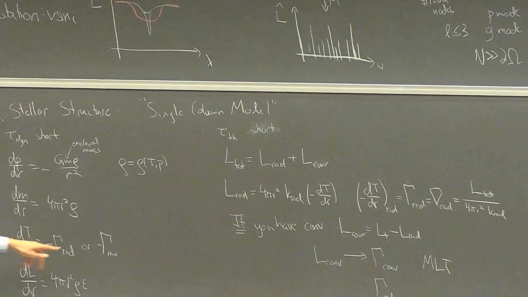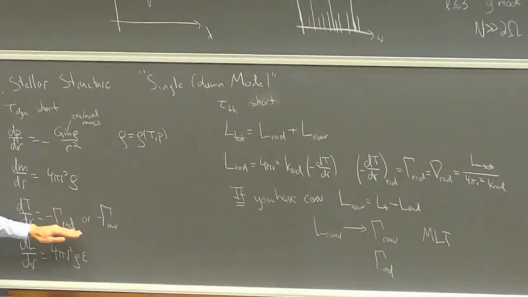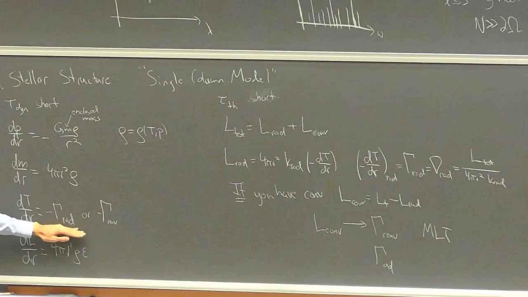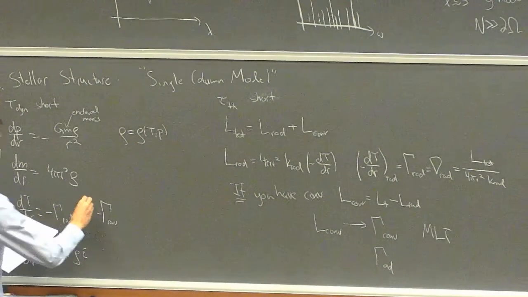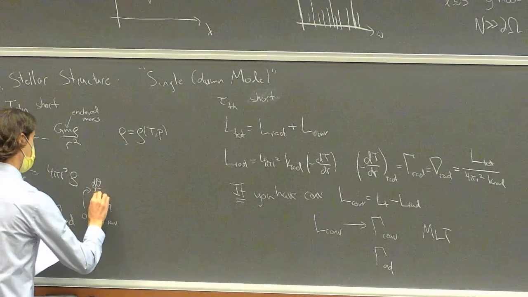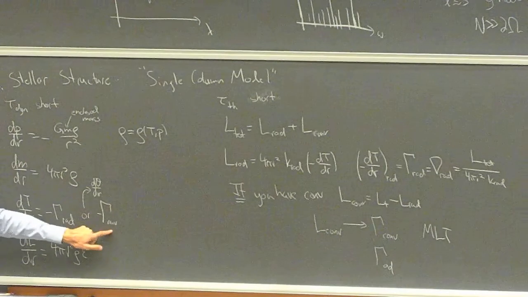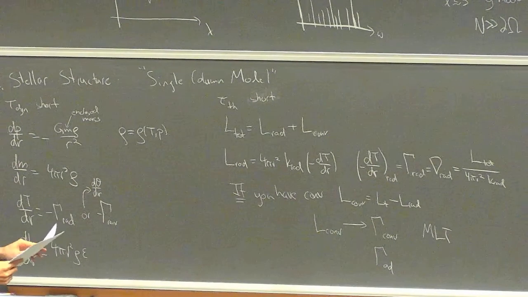Okay, how do you pick which one is actually realized? Well, you imagine that the luminosity is transported by radiation, and then you calculate what the potential temperature gradient is. And if that's negative, that means that you're unstable to convection. So then you have to switch over to the convective lapse rate.